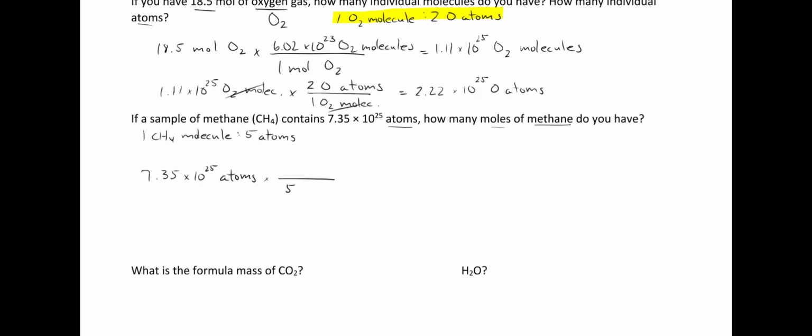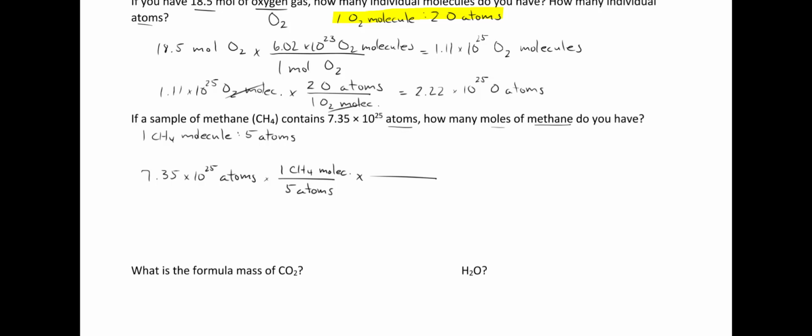Every 5 atoms would give us 1 CH4 molecule. And finally, I want to get to moles of methane.